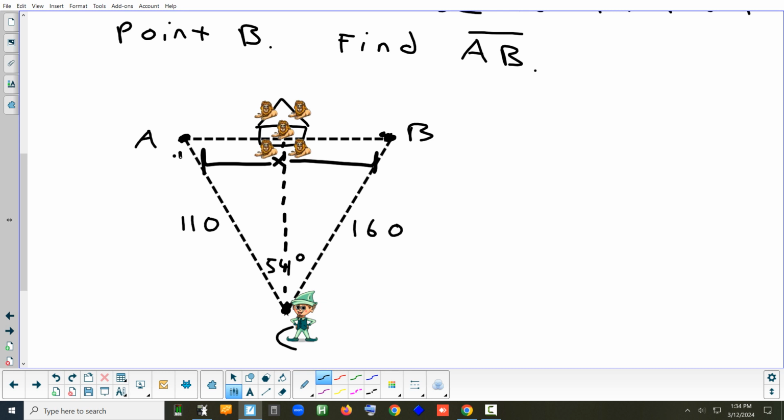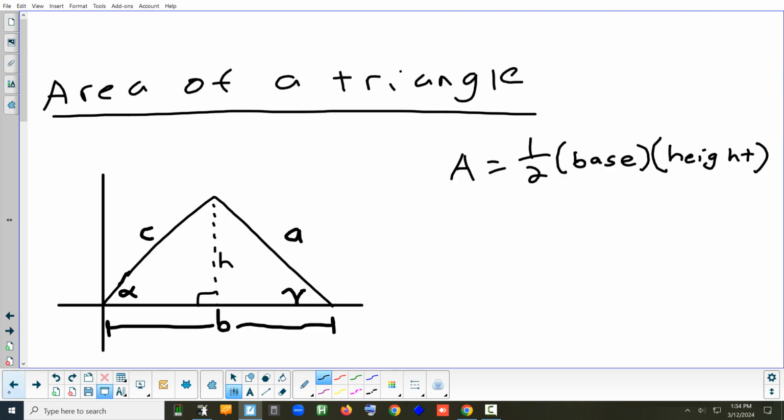Or you could even draw the height over here. Make a triangle that way, and you know this side. Well, you know that side. You could figure out that angle from law of cosines. So you could figure it out, but we'd rather have an easier way.